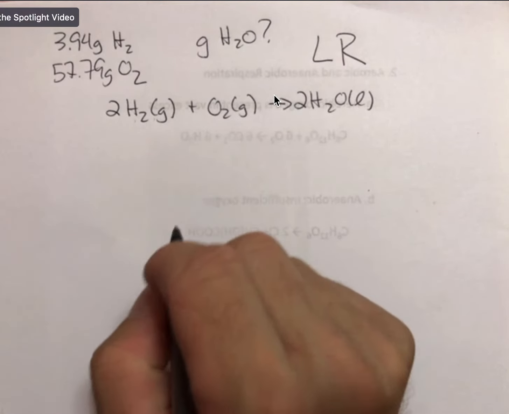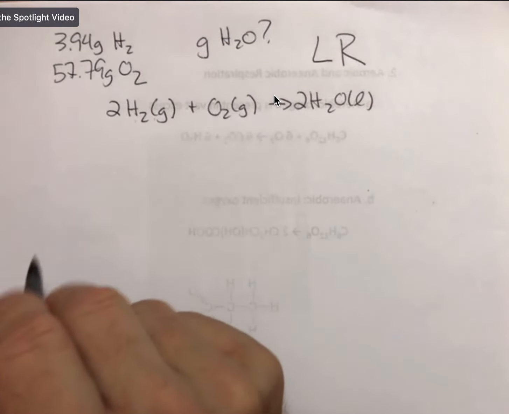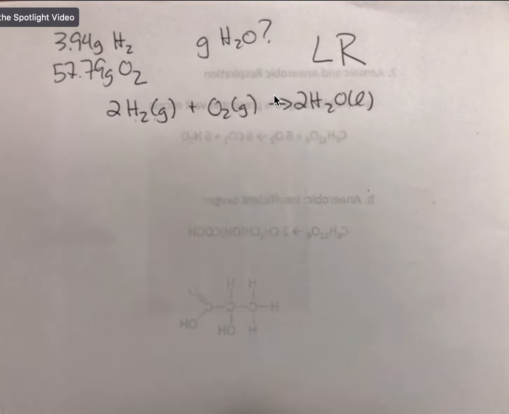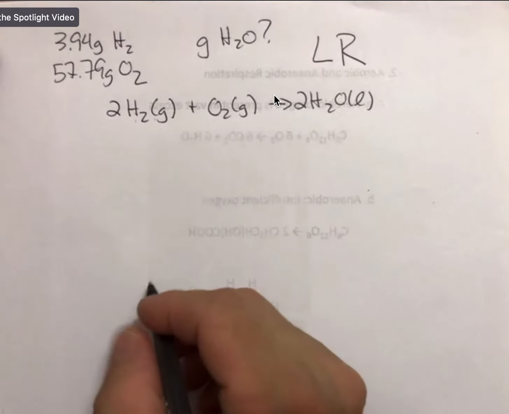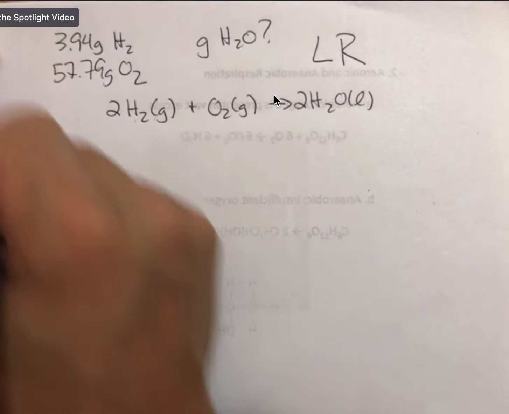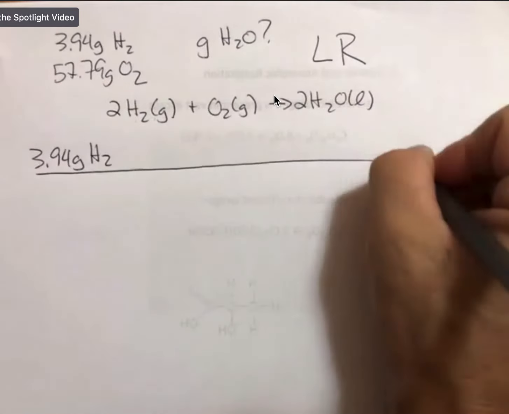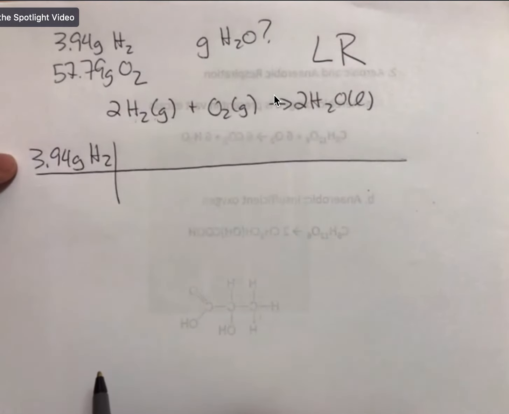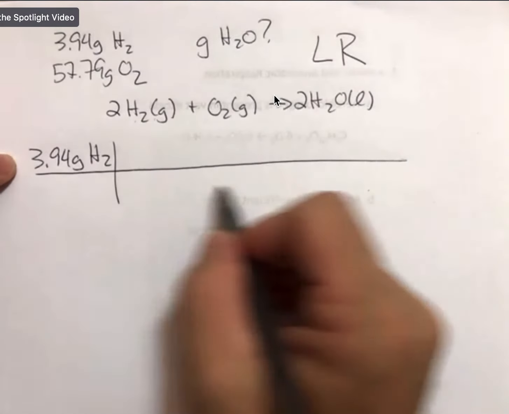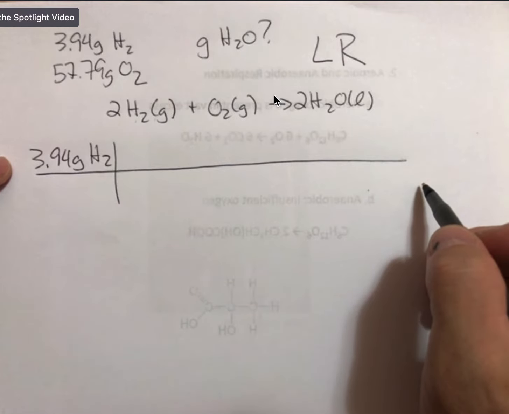When you do a limiting reactant problem, there are a number of ways to do them. The way that I do them is you do two sets of calculations. You first start with the grams of hydrogen, and you do a picket fence or unit conversion style problem.